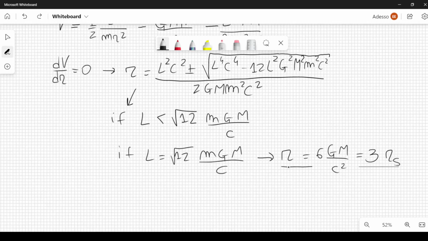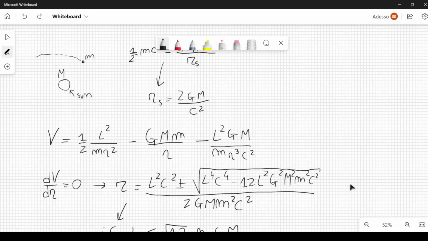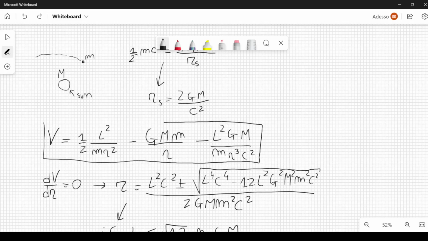On the other hand, let's consider orbits of massless particles like light, using the formula for the potential energy. This is rigorously true if we have a planet orbiting the Sun, and this planet has a non-zero mass. Now let's think about what could happen if we let this mass go to 0.